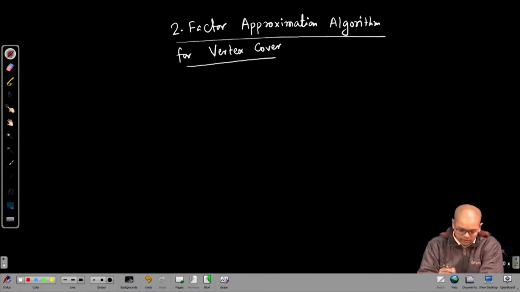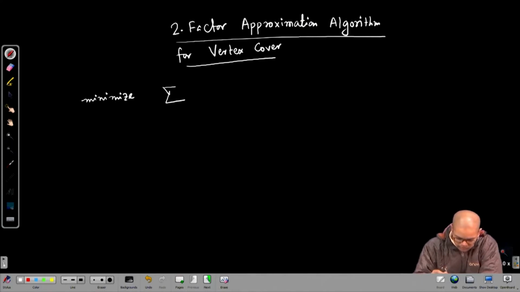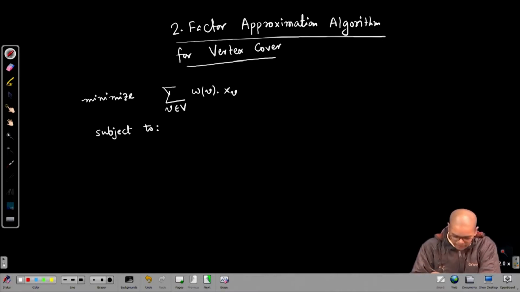Let's recall the linear program. Minimize the summation of w of v times x of v over all vertices v in V, subject to each edge being covered.